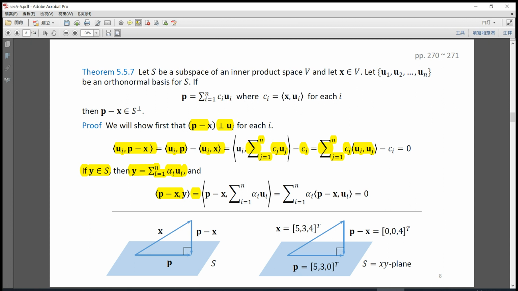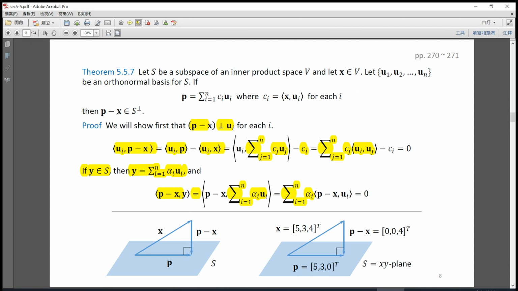And we compute the inner product of P minus X and Y, and we substitute the definition of Y into the inner product, and the summation can be taken outside the inner product due to properties in the definition of inner product.